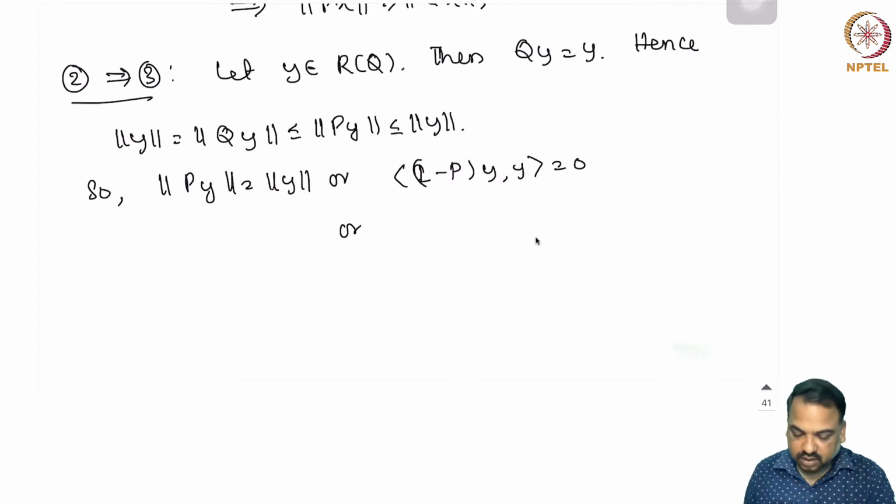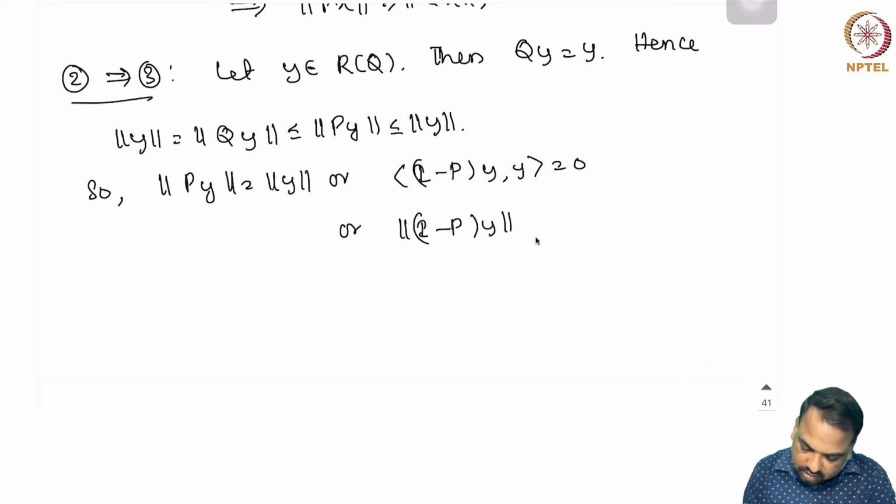So (I minus P) star equals I minus P, that equals (I minus P) square. So we can use the same trick that we used earlier. From that we can conclude that inner product of (I minus P)y with itself is 0. That is nothing but norm of (I minus P)y is 0. So that means Py equals y.